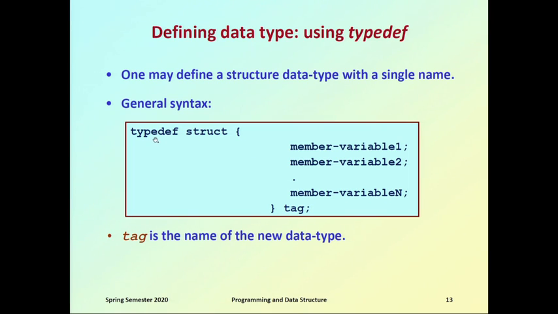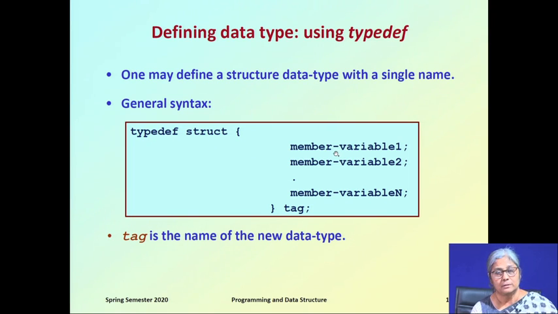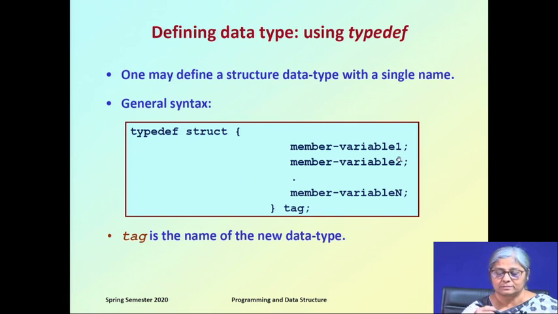The format is typedef struct, then similarly the way we have defined member variable 1, member variable 2, member variable n, and we give the name, the tag. So, the tag is the name of the new data type, which is a structure having these n variables.